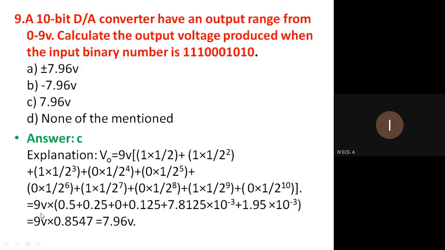We get 9 volt into 0.5 plus 0.25 plus 0 plus 0.125 plus 1.95 into 10 power minus 3, and we get the value 7.96. So the option is C.